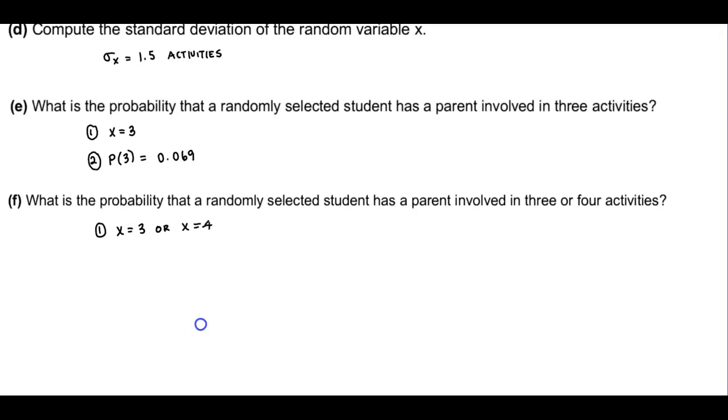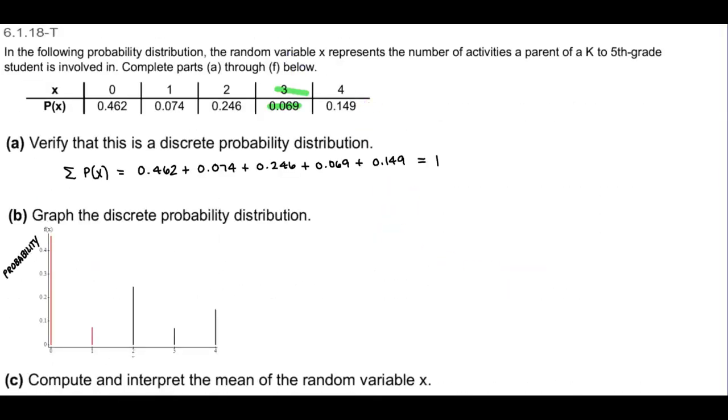So we have to add the probability of 3 and the probability of 4. We know the probability of 3 is 0.069. Let's go back up and find the probability of 4. When x is equal to 4, the probability is 0.149.